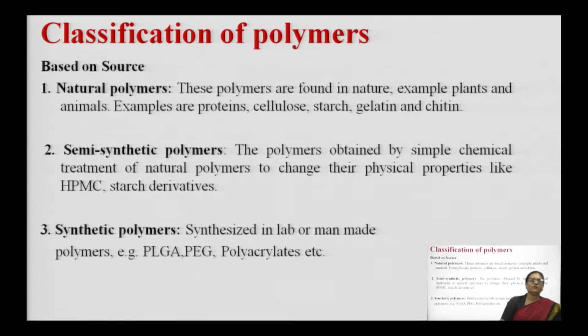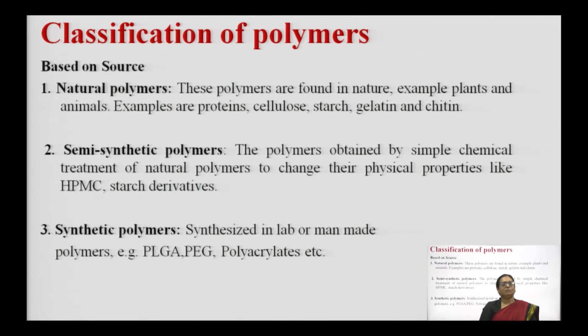There are several bases of classifying the polymers. The first type of classification is based on source or on origin. Based on source, these polymers can be classified as natural polymers, semi-synthetic polymers and synthetic polymers.